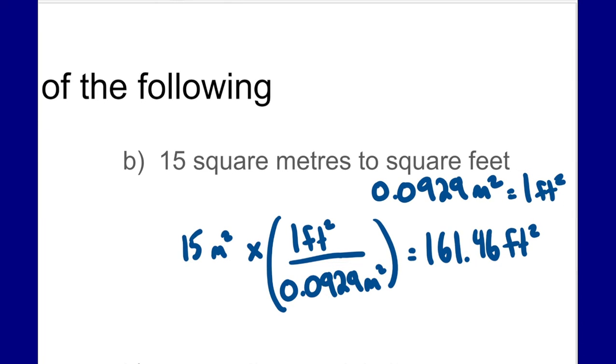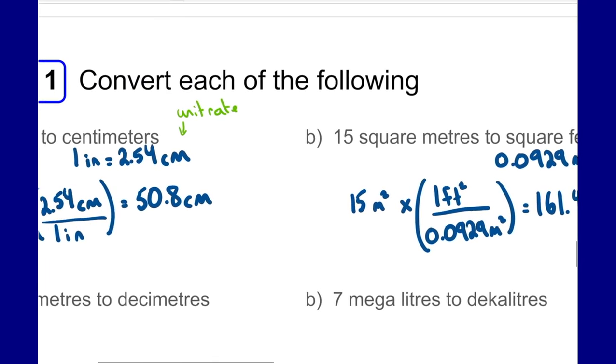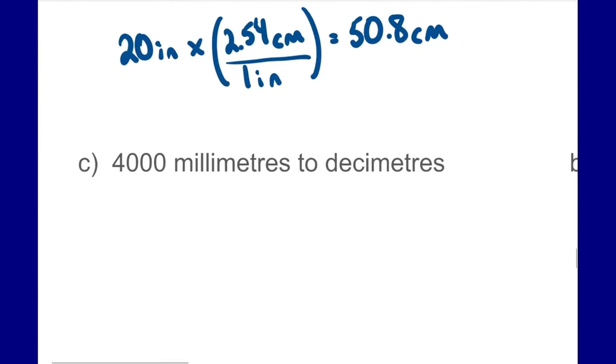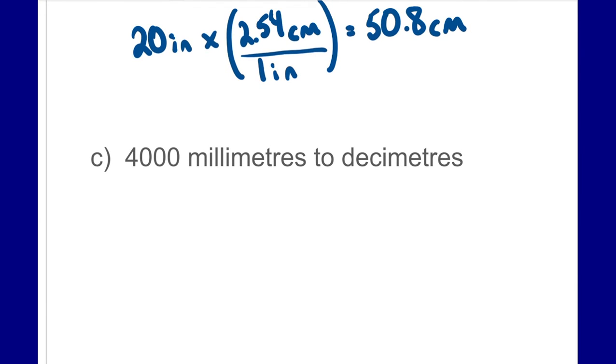So 15 square meters is equal to 161.46 square feet. So you can see how this general form works for any conversion if we're given the unit rate, which again we will be, or we can easily find it.